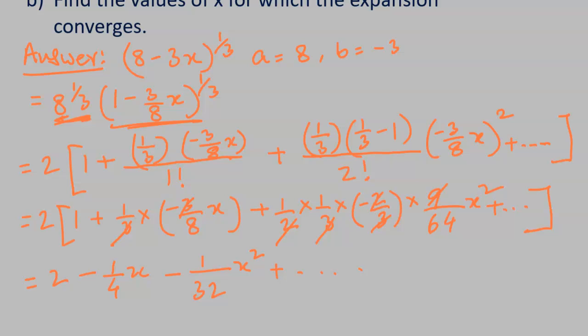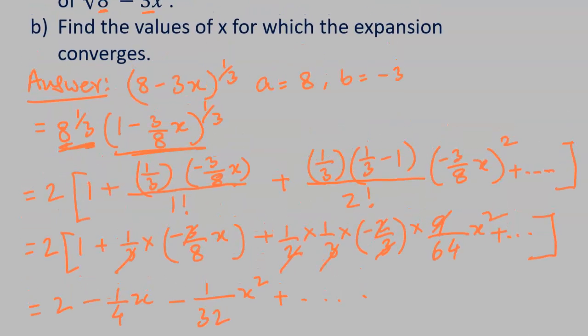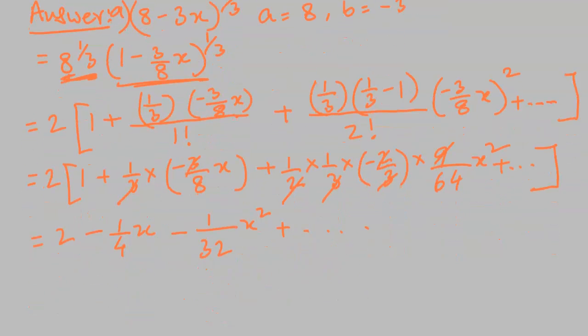And then they are asking about, this was the answer for the subpart A, and for the subpart B, find the values of x for which the expansion converges. And we had seen the expansion converges when x lies between negative a over b to a over b.